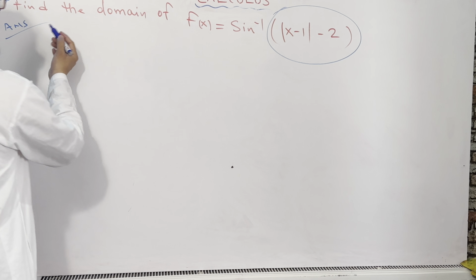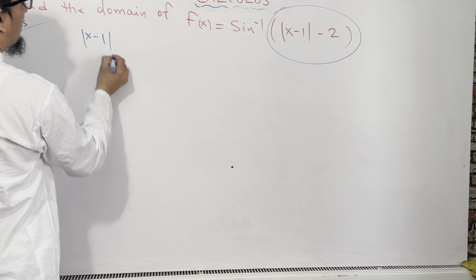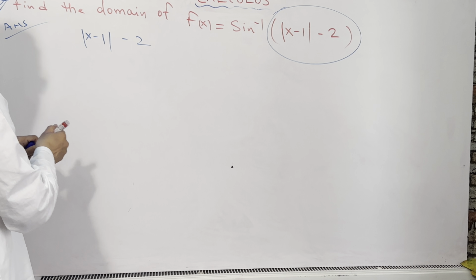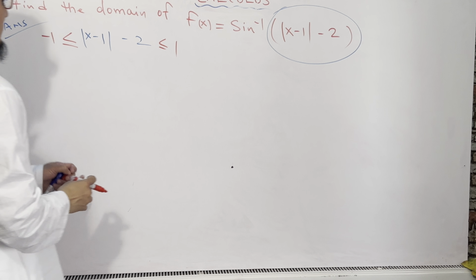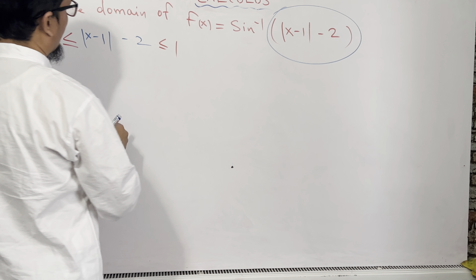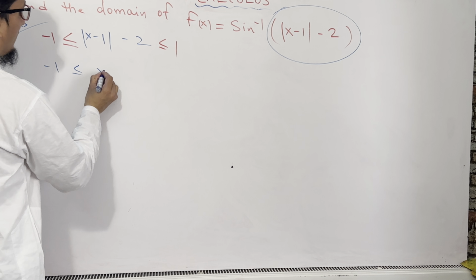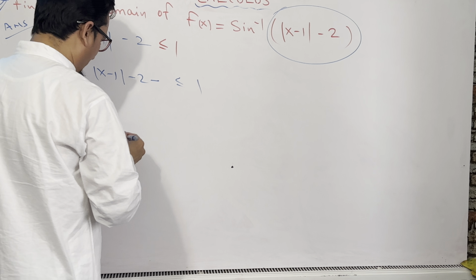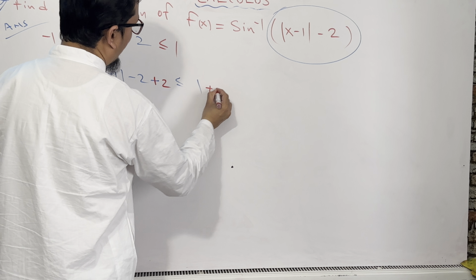So we can say mod of x minus 1, minus 2, this one must be from minus 1 to 1. Very simple, right? So minus 1 is less than or equal to mod of x minus 1 minus 2, less than or equal to 1. Now in the next step, we just add plus 2 on both sides, so plus 2 here, plus 2 here, plus 2 here.